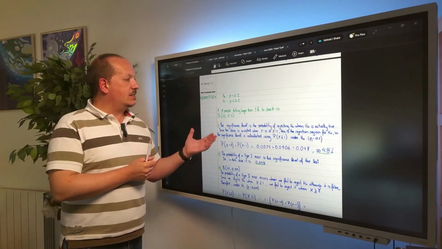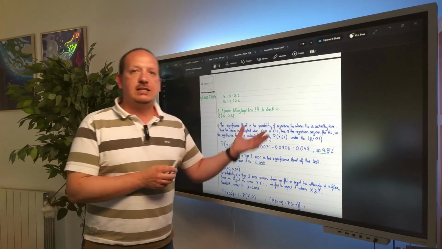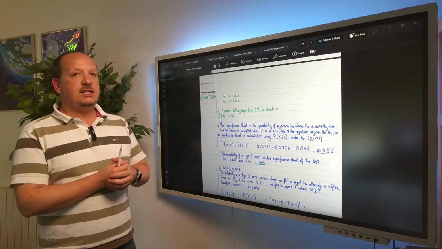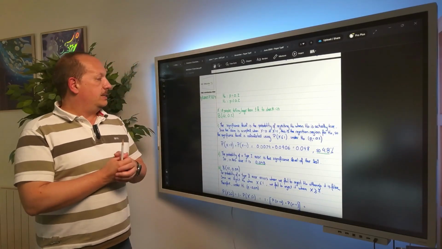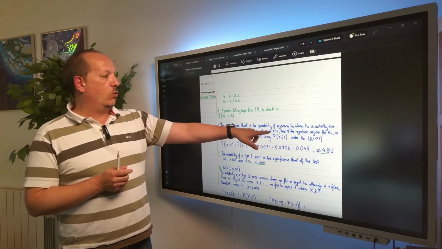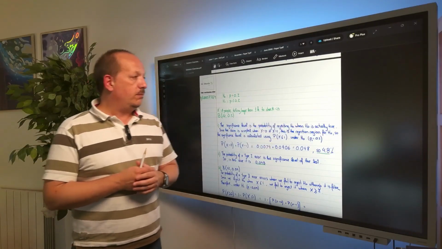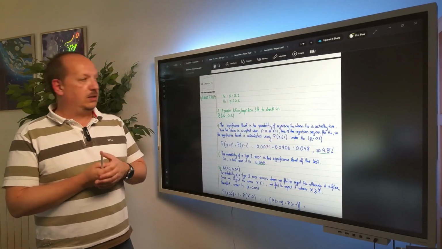The significance level of the test, what is that? The significance level is the probability of rejecting the null hypothesis when it is actually true. Since the claim is accepted when X is 0 or 1, this is the rejection region for the null hypothesis.